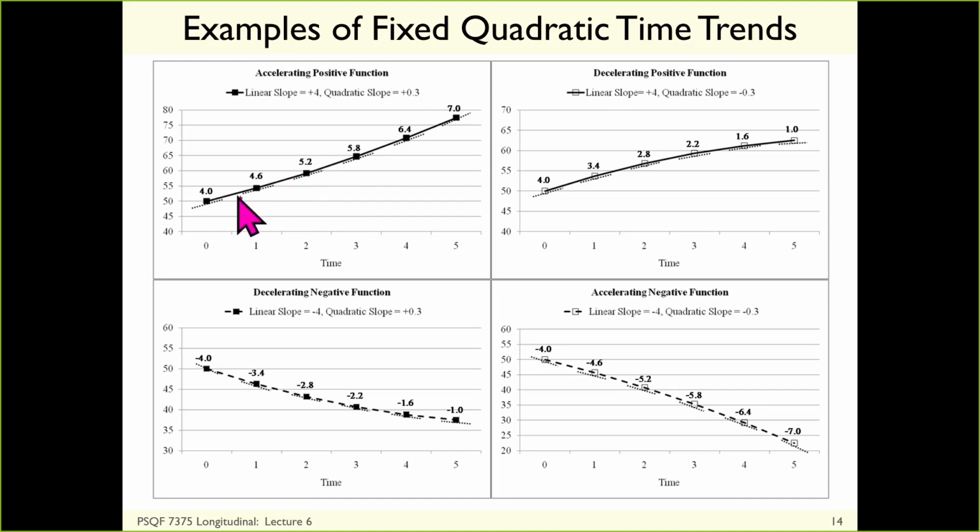So this is a more positive line. Over on the top right, this is a less positive one. Now the signs are opposite. I have a positive linear slope of 4 at time 0, but now the quadratic coefficient is a negative 0.3. So the quadratic is acting in opposition. It slows it down. The way I would describe this trajectory is that there is a positive rate of change of 4 at time 0.